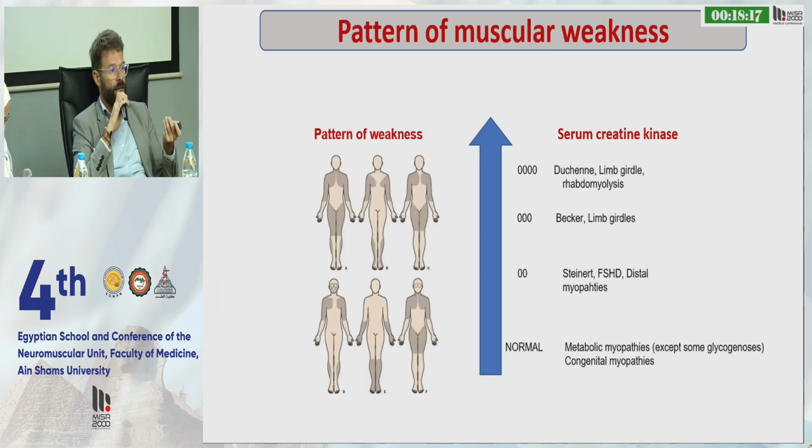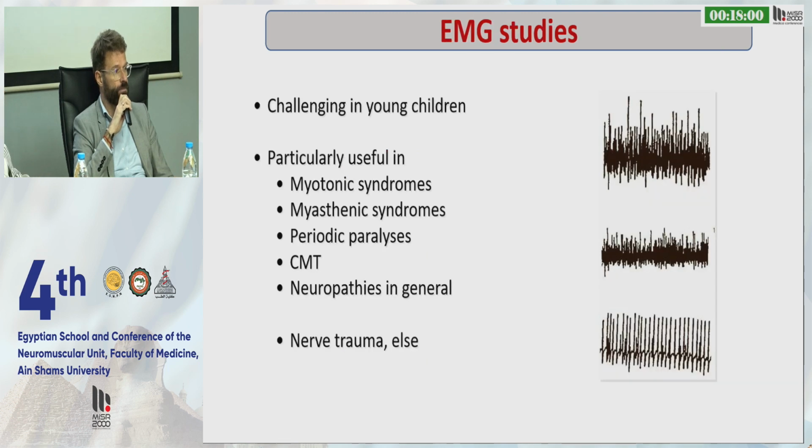Pattern of weakness and serum creatine kinase: in general, normal in metabolic and congenital myopathies, Steinert sometimes elevated, FSHD could be elevated, and then if you go up in thousands, you go into the muscular dystrophies, of course, Becker, Duchenne, etc.